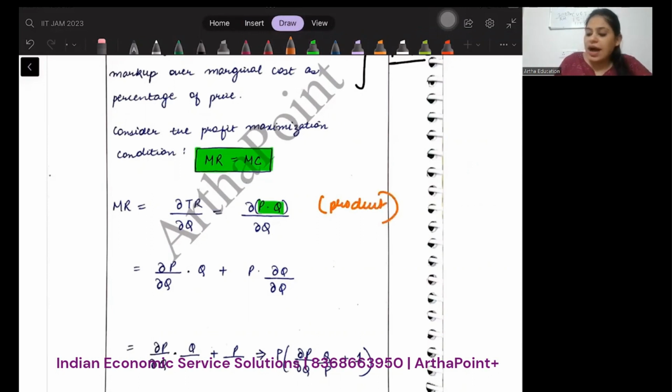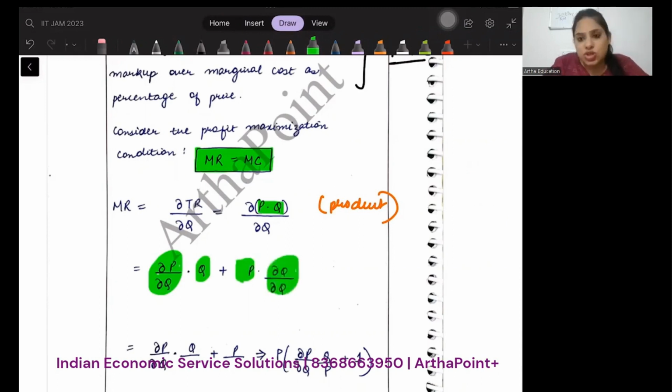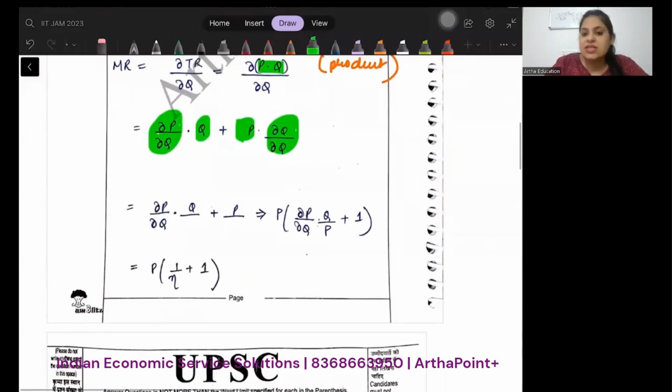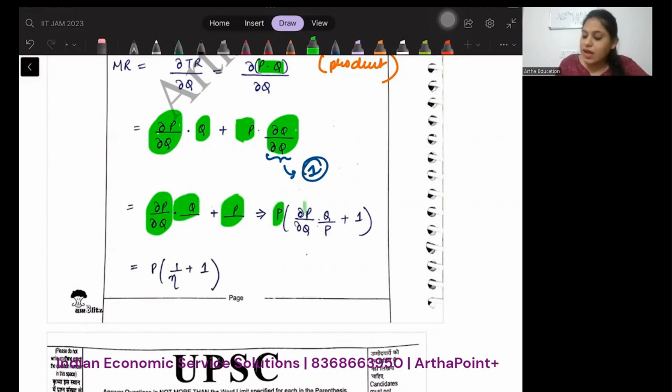So we get how price changes as quantity changes into Q, plus P into how Q changes as Q changes. Notice that dQ by dQ is simply 1, so I can rewrite this as how P changes when Q changes into Q, plus P. Take P common and you get P into (how P changes as Q changes into Q by P, plus 1), right? So you're taking P out.